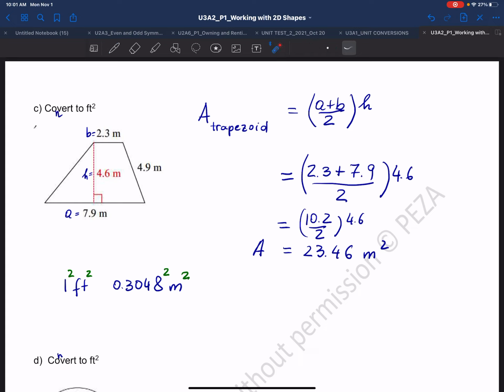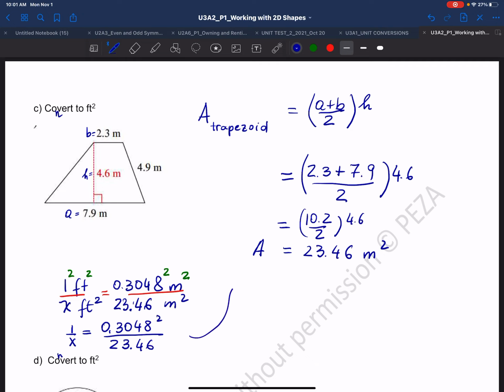So we're given meters squared in here, so we're going to write 23.46 meters squared. And this will be unknown, obviously, x feet squared. And we create the fractions just like we always do when we convert. And the equation that connects the two fractions, so the equal sign, and we'll have 1 over x equals 0.3048 squared divided by 23.46.